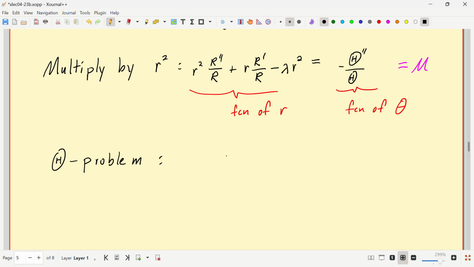It's going to be theta double prime plus mu theta equals 0. And of course, we don't want the drum to rip.